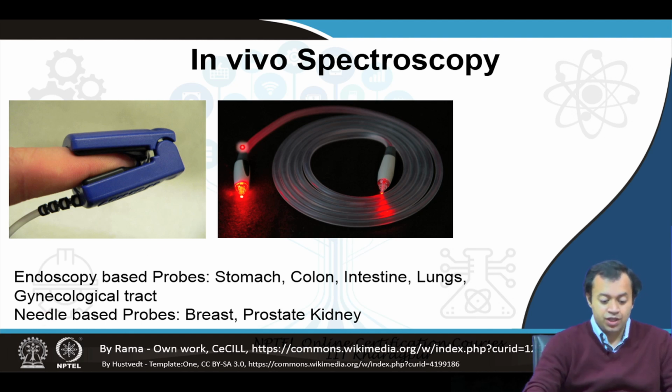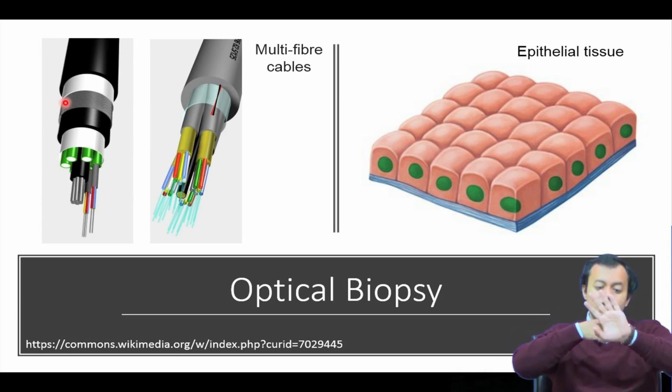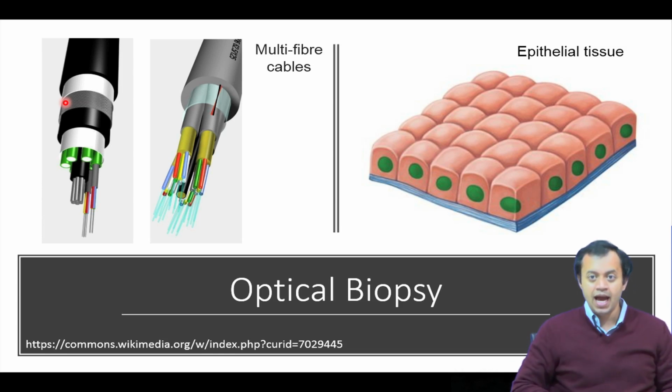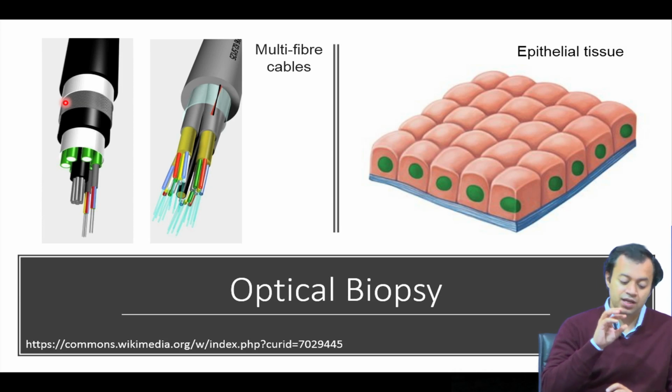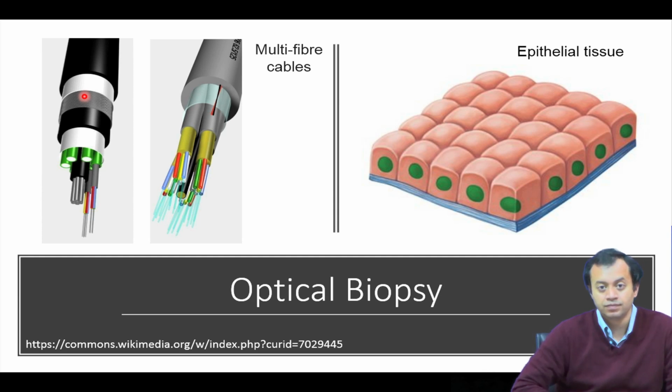You connect it with a needle, a strong syringe that penetrates through the solid part of your body, through say your breast or liver or kidney, and thereby that specific area is reached by your optical fiber cable.